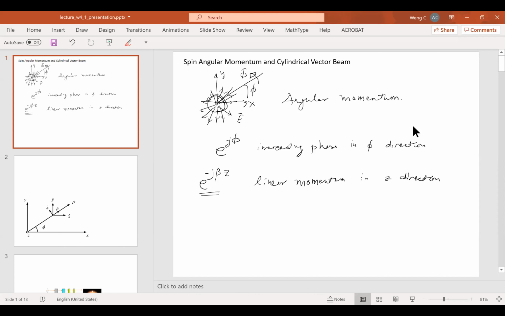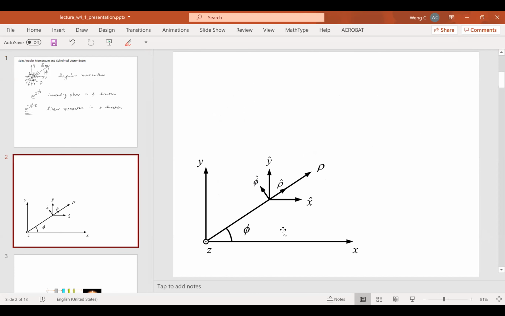And how we see this is that if you have, say, for instance, a wave that is circularly polarized, you can write the wave as E equal to x hat plus or minus j y hat, e to the minus j beta z.